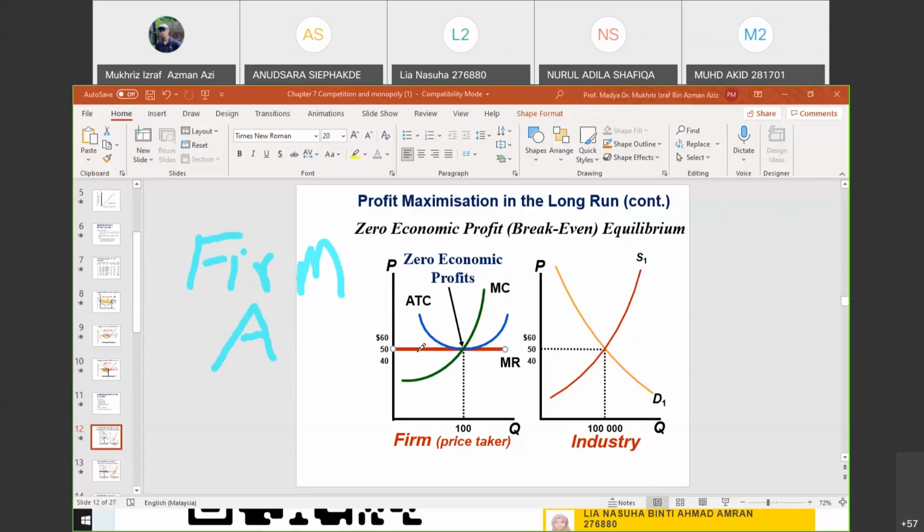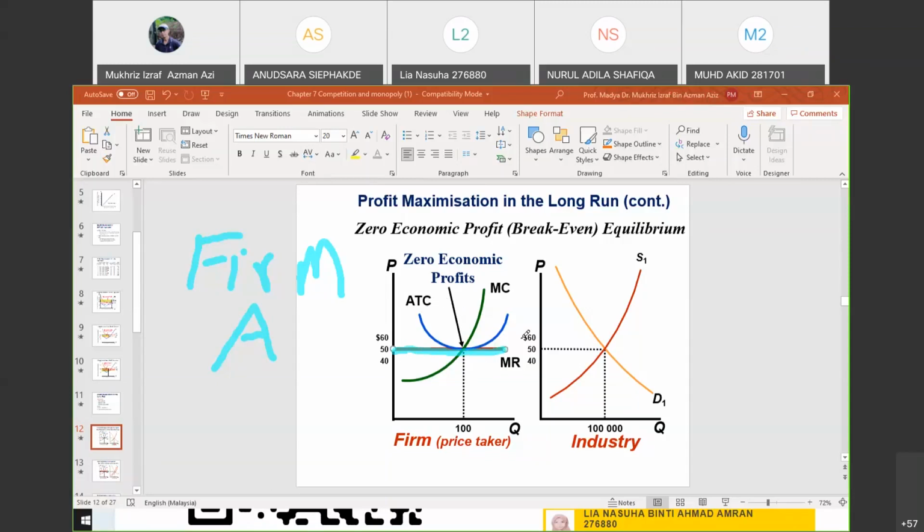Because recall, in the beginning of the lecture last Monday, we discussed that the firm under perfect competition is a price taker. Price taker means they cannot set the price; they need to follow the price set by the market. So this price here is the one set by the market.